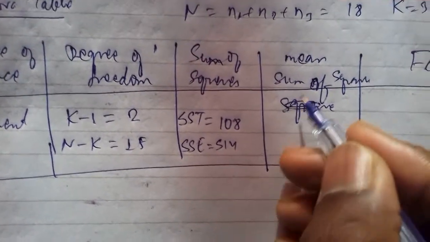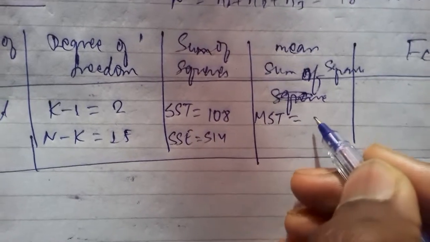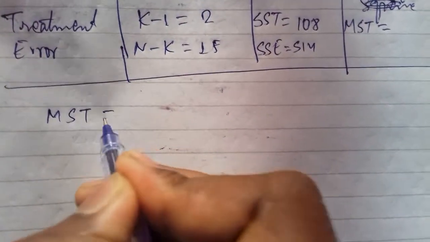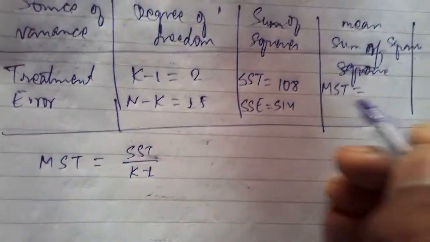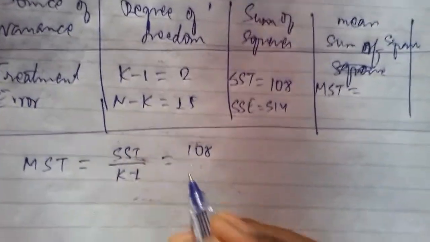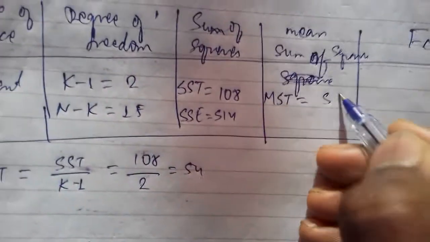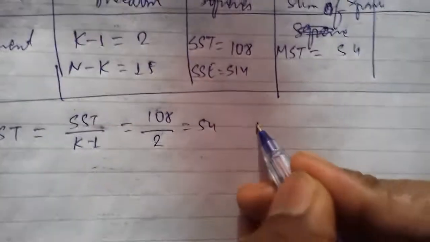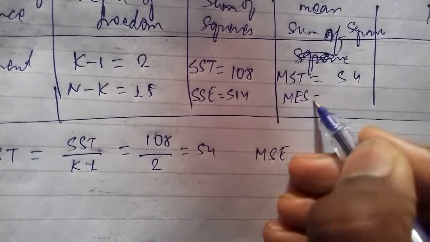Now we have the mean sum of squares. The mean sum of squares of treatment, MST, equals SST divided by k minus 1. We have SST equal to 108 and k minus 1 equal to 2, so MST equals 54. Then we calculate MSE.